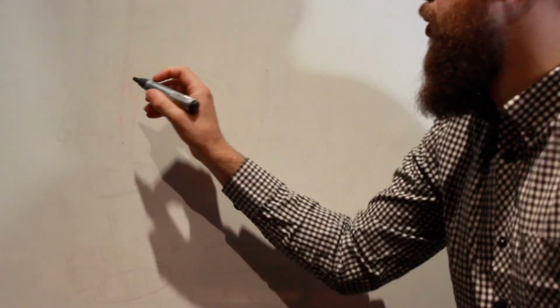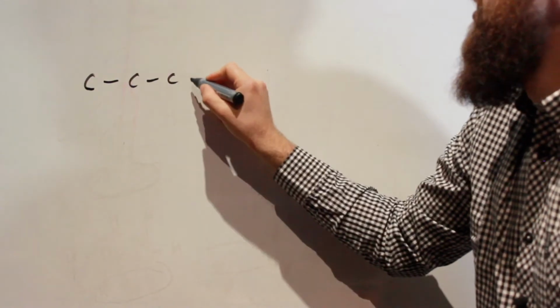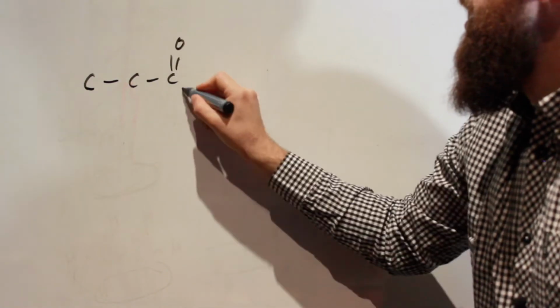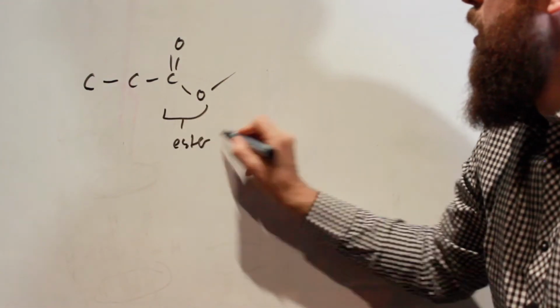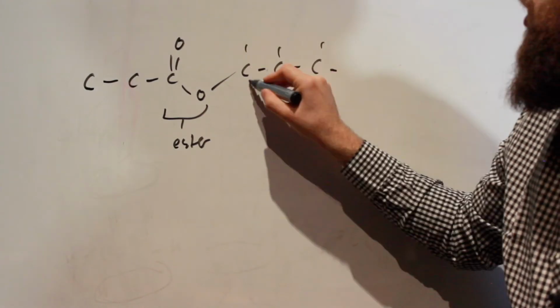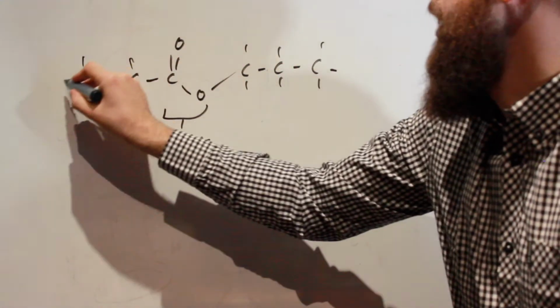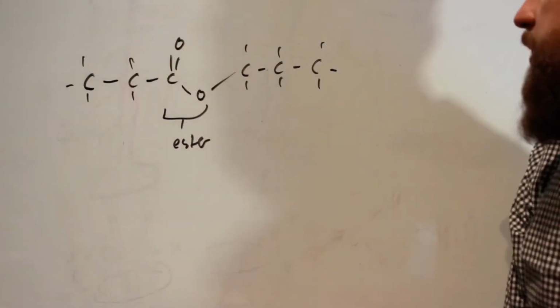If I draw one here, for example, propyl propanoate, we're going to have 3 carbons, and then we have the link there. This is the ester linkage, and then we have 3 other carbons, all the hydrogens that correspond to that, like so. So that would be propyl propanoate. All the hydrogens filled in, obviously.